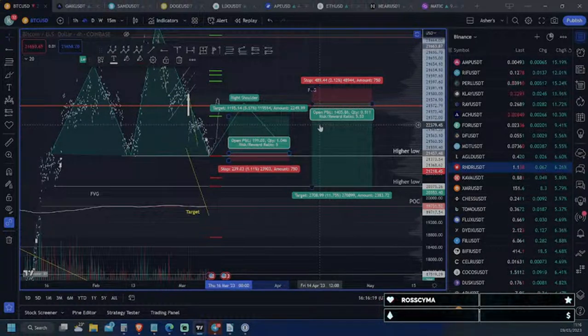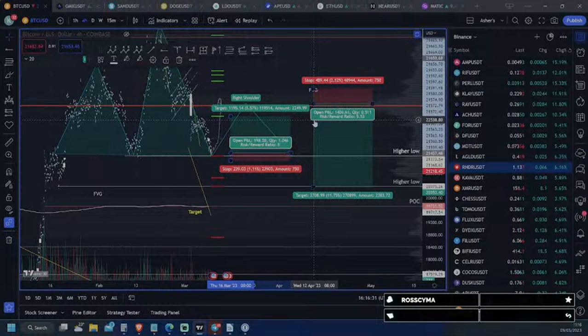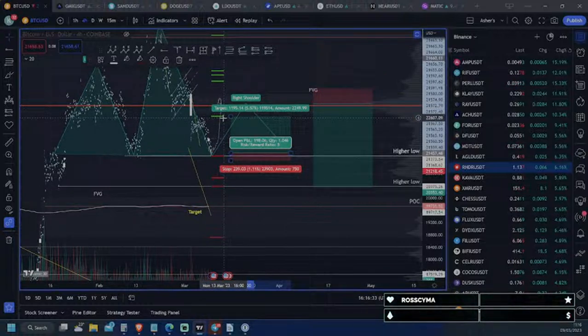Well, I hope that was somewhat useful and made some logical sense in terms of combining the data with chart patterns and things like that. That's generally how I like to trade. I like to try and piece everything together.